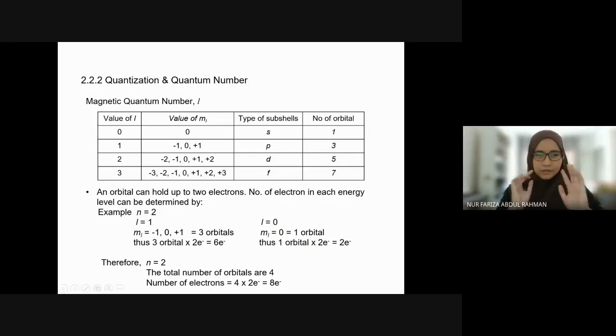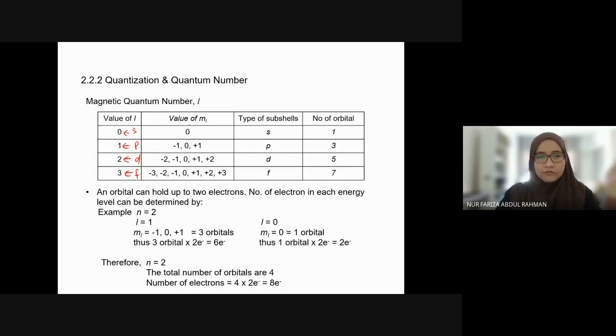Alright. So this is a summary. ML depends on the value of L. If L is equal to 0, that means it is an S orbital. This is a P orbital, this is a D and this is an F orbital.